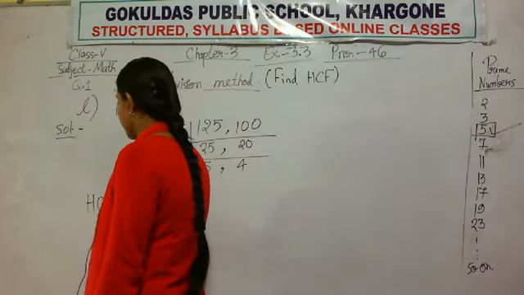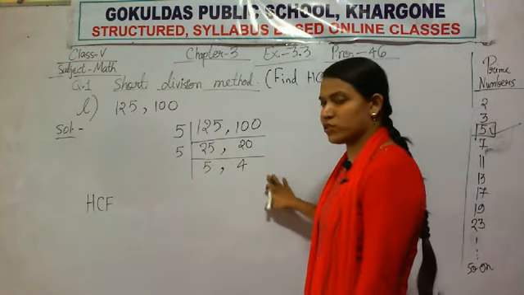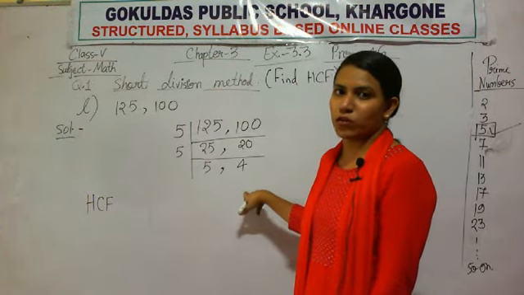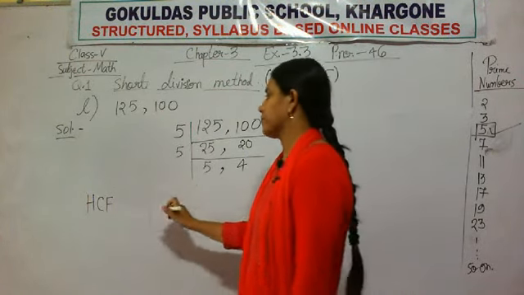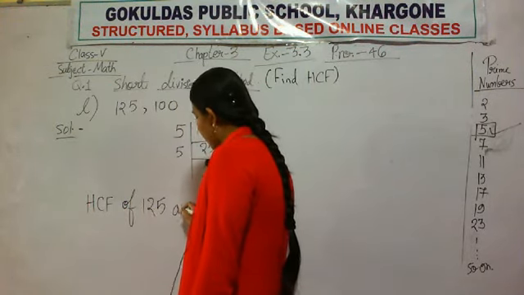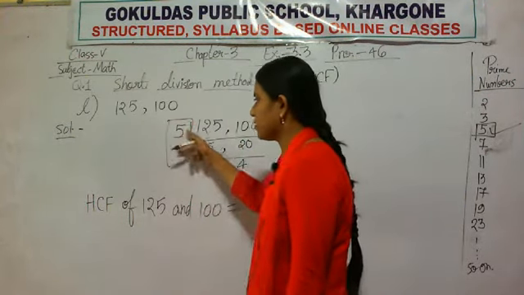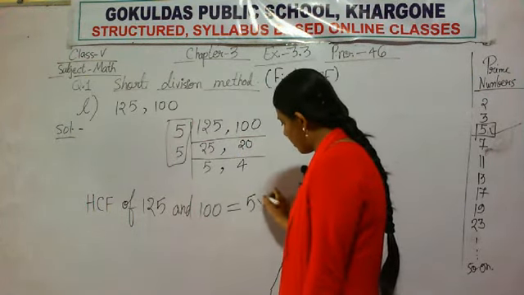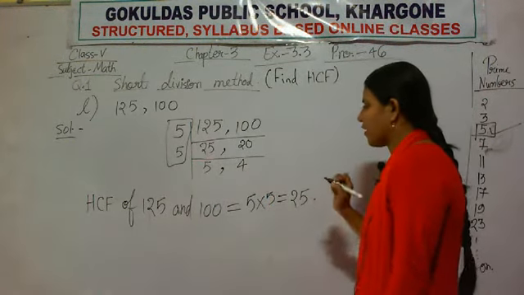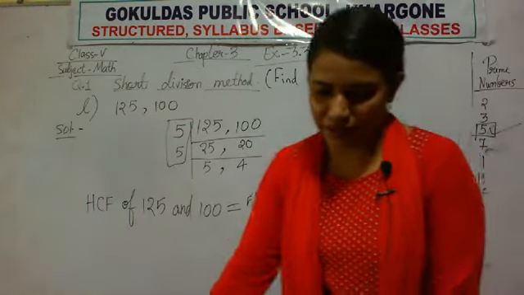We need to stop our division when we get no common prime factor to divide both the numbers. Okay. HCF of 125 and 100 is equal to the product of these common prime numbers. So 5 multiplied by 5. 5 5s are 25. So 25 is the HCF of 125 and 100.